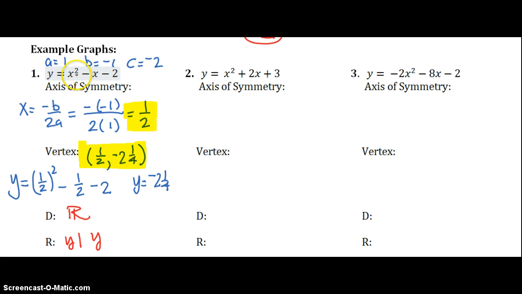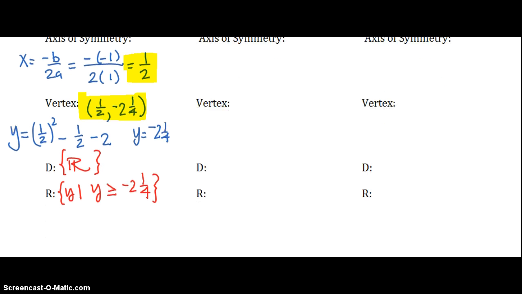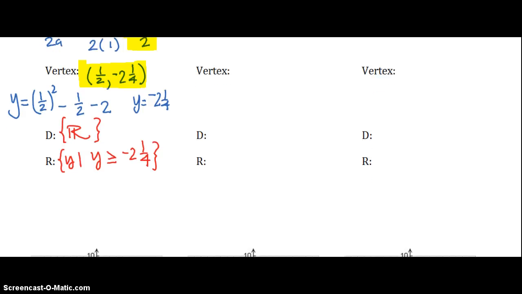Our x squared is positive, so it's going to open upward. So y is going to be greater than or equal to our lowest y value, negative 2 1/4. Let that soak in for just a minute. We'll put our domain and range in brackets, those sets of numbers. So let's graph it, and maybe that'll help.